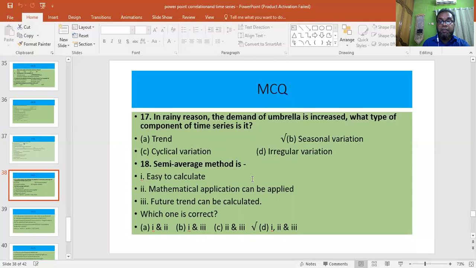Then I can draw the perpendicular line on trend line. And then from the intersecting point, we will draw another perpendicular on OY axis. The foot point of this line is called the future trend, future value. So all these three are correct.